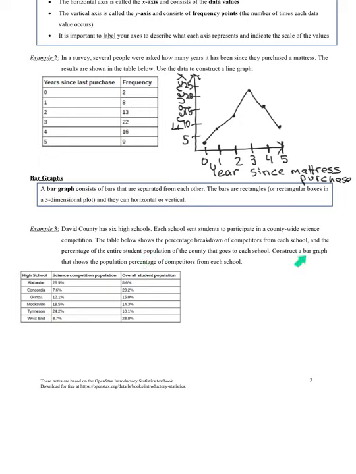And from here, we're asked to construct a bar graph. So once again, we're going to start out with our vertical and our horizontal axis, and let's make sure we properly label our axis.